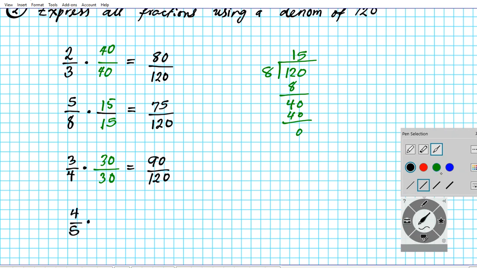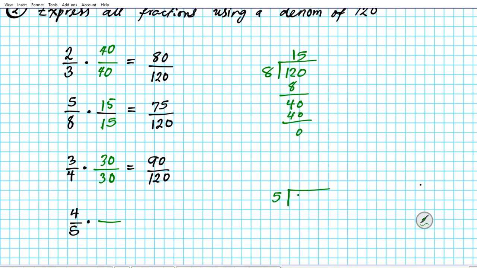What are we multiplying this one by? So 5 times what gives us 120? Some of you already know exactly what it is, but let's just assume we don't know and just use our long division. So 120 divided by 5. 5 goes into 12 twice. 2 times 5 is 10. Subtract, and bring down that 0. 5 into 20, 4 times. 4 times 5 is 20. 24 is what we are looking for.